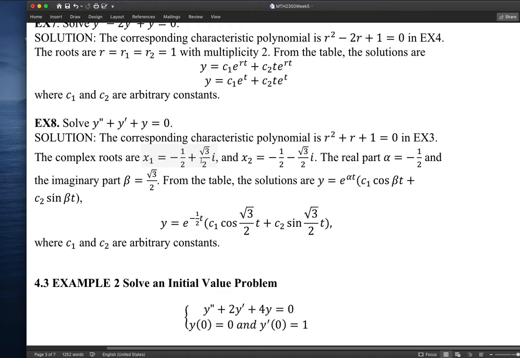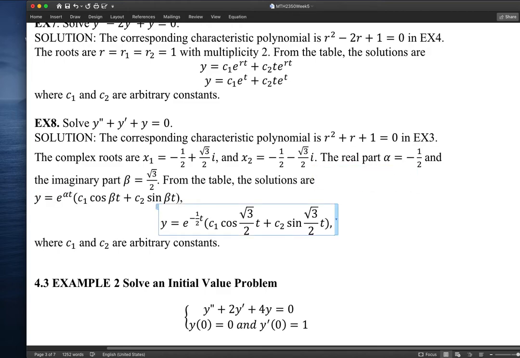And then according to the arrangement, when we have two complex roots for the corresponding characteristic polynomial, we can always have the solution arranged in this fashion: the exponential term times the linear combination of cosine and sine.